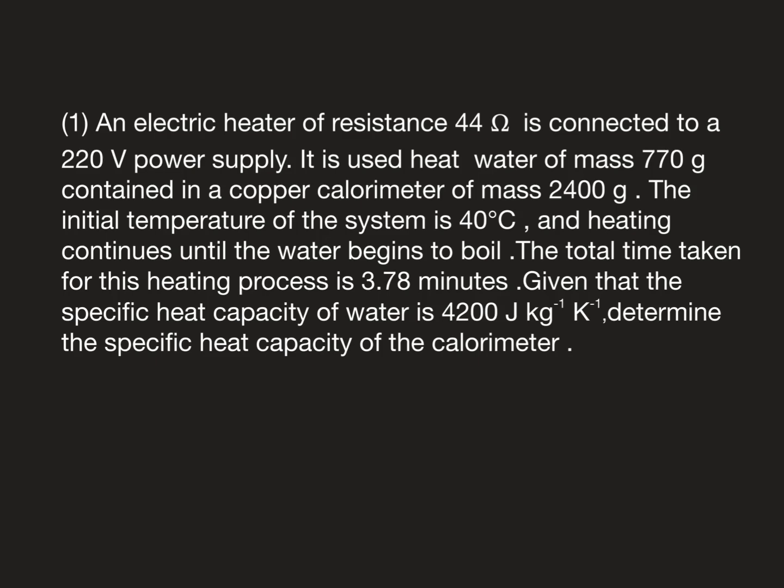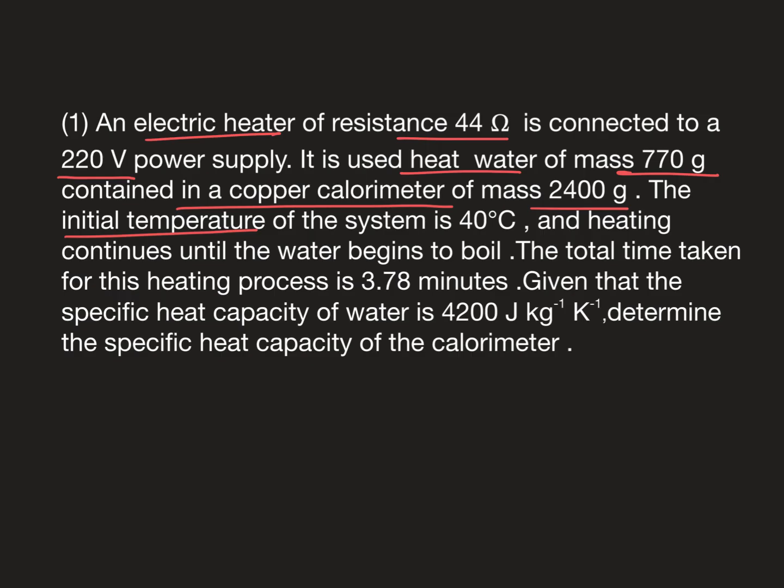Welcome back. We have a question in front of us that reads: an electric heater of resistance 44 ohms is connected to a 220 volt power supply. It is used to heat water of mass 770 grams contained in a copper calorimeter of mass 2400 grams.